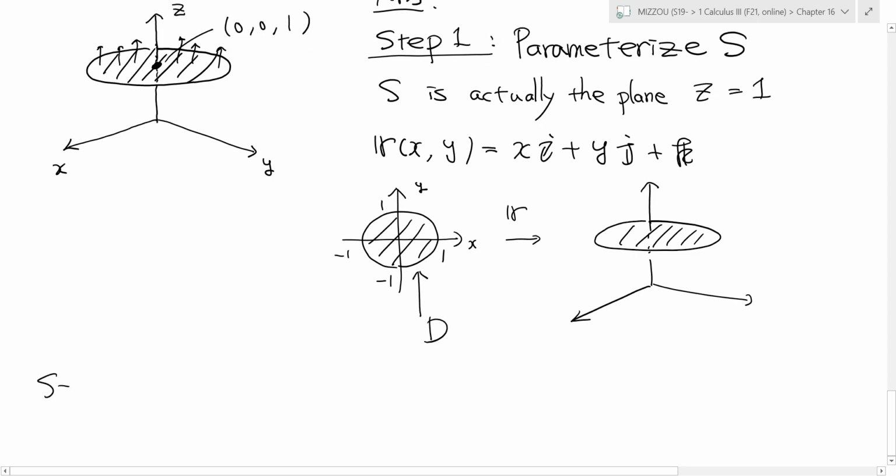Now step 2, compute Rx cross Ry. What's this?